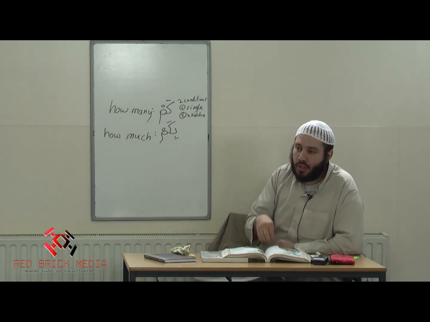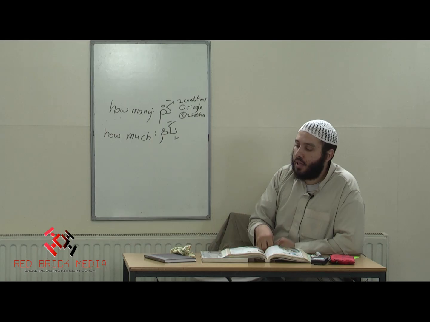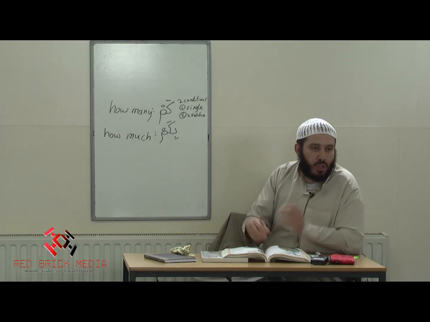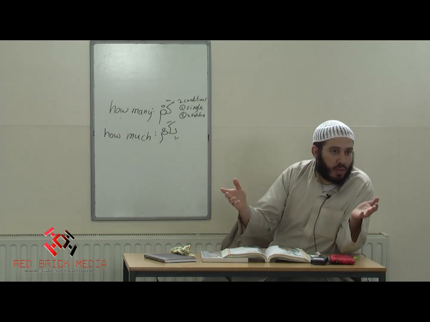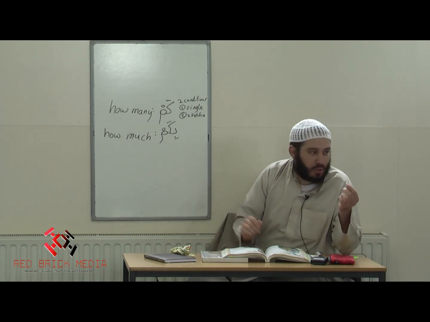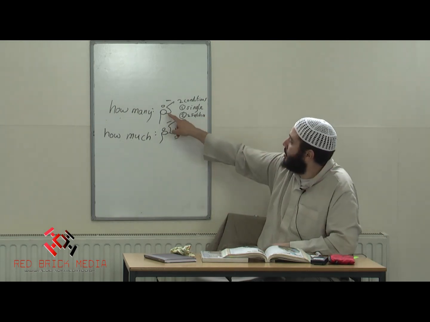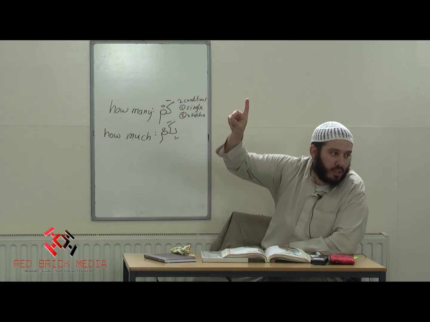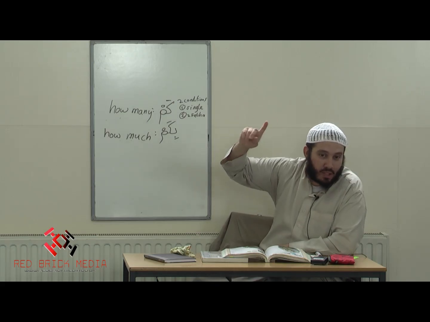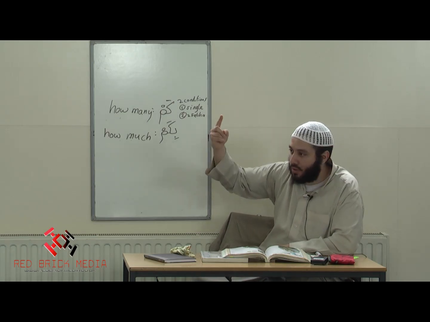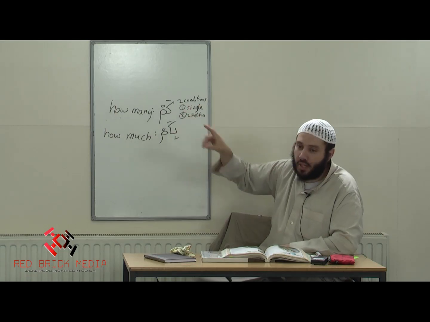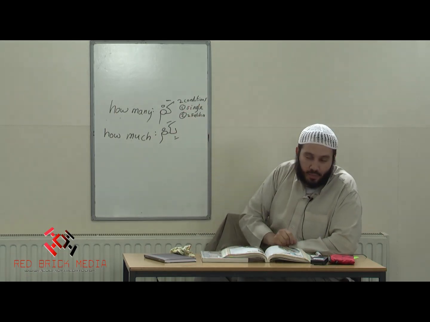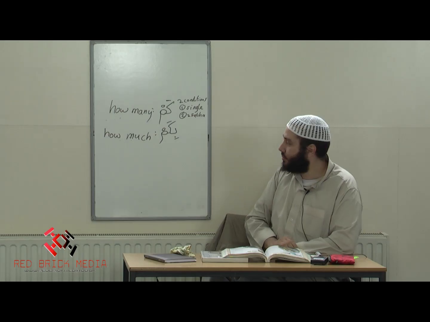So, how many students are in the saf? Kam? We know that students are tullab. The plural is tullab. But how do we say with the kam rule? Kam taliban. Because talibun is one student. And now it gets two fatha. Talibun becomes taliban.